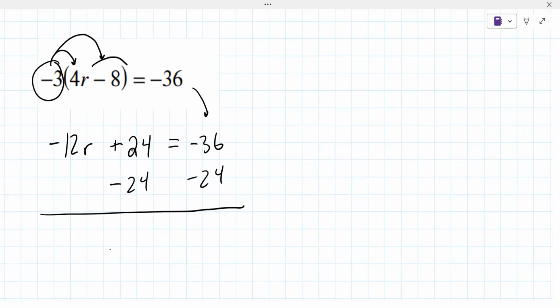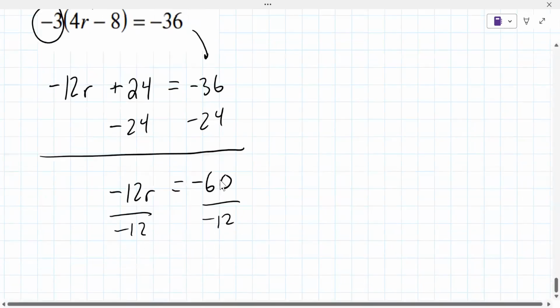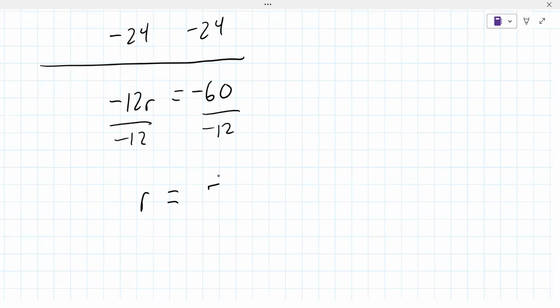Okay, so this becomes -12r equals -60. All right, now what do you do to solve for r? You divide both of them by -12. Yes. All right, so r equals 5. Okay.